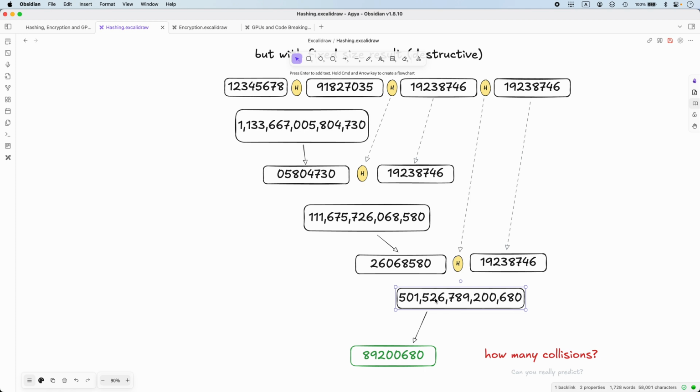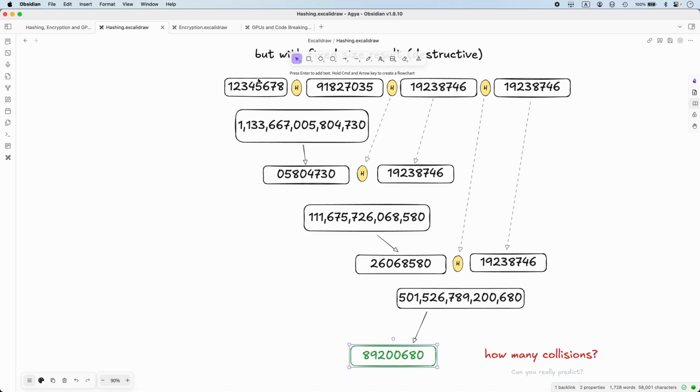So on this level, at least, it looks like there are way too many collisions. Here again, way too many collisions. But it also, in a way, makes it very unpredictable to guess what the input was whose output is this.